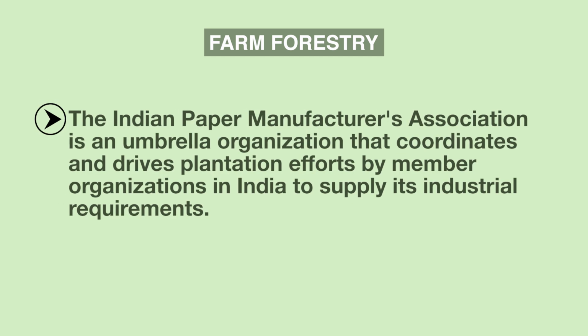The Indian Paper Manufacturers Association is an umbrella organization that coordinates and drives plantation efforts by member organizations in India to supply its industrial requirements. So as we know, the pulp industry needs a lot of pulpwood for the production of so much paper that is used throughout India, and therefore the Indian Paper Manufacturers Association comes into play.